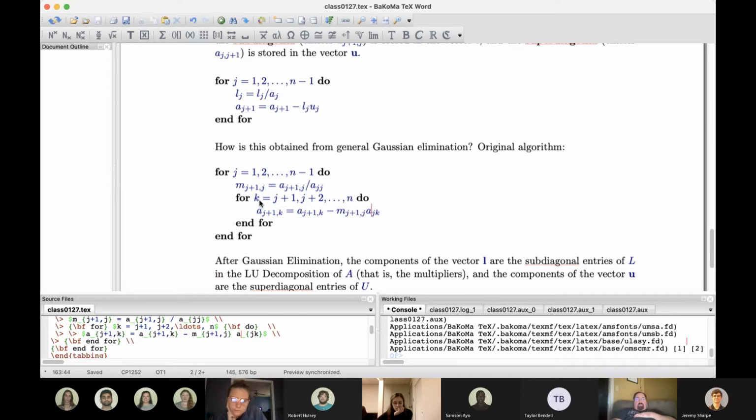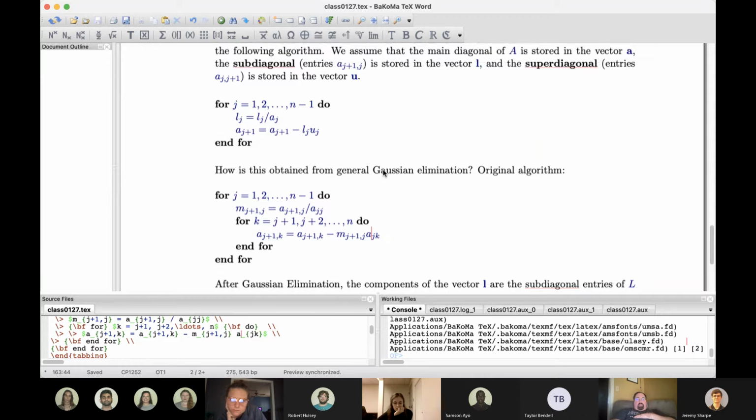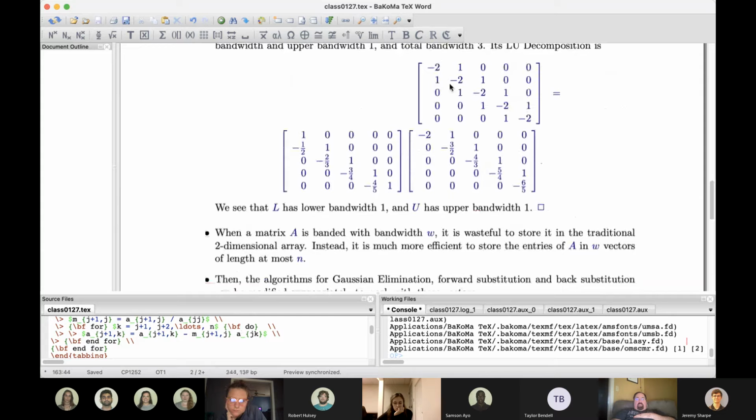But now, what about when I perform the row operation? If I go back to this example right here, say I'm eliminating this entry. I'm going to take a multiple of this row and subtract it from this row. But notice, when I subtract this row from the next one, I have all these zero entries that will not affect the row below it at all. How many entries will be affected?